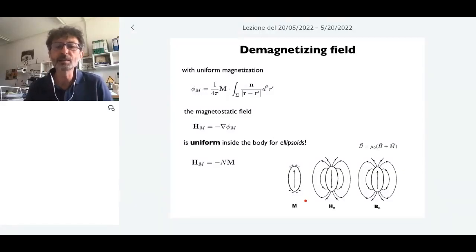Is there any simple case where this uniformity is generated by the shape itself? And the answer is yes. The set of shapes that generate a uniform demagnetizing field inside the material are the ellipsoids of revolution.